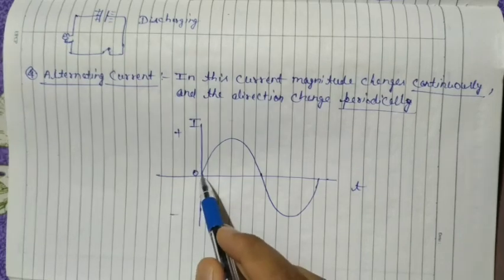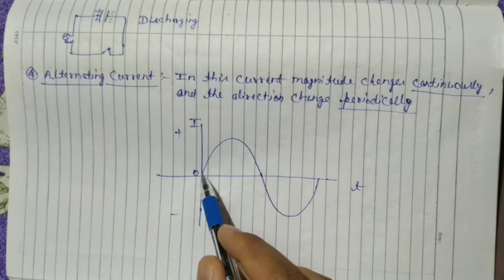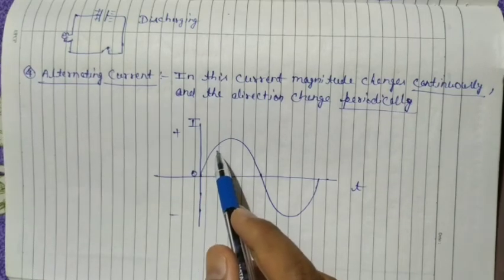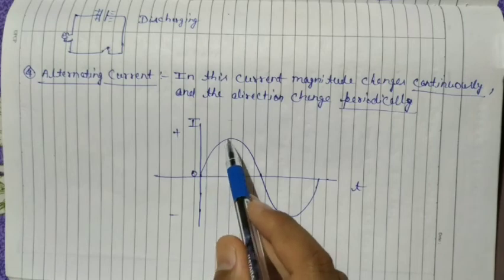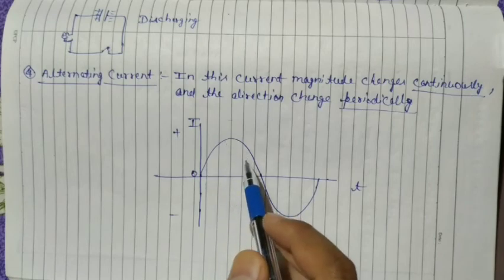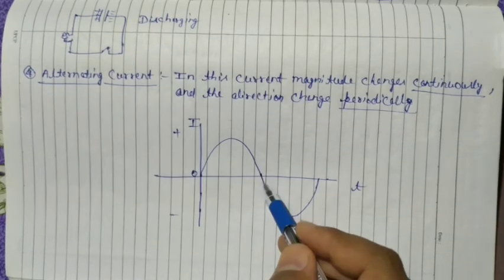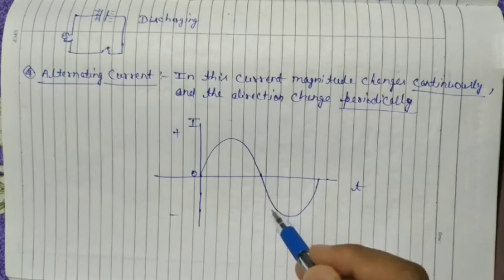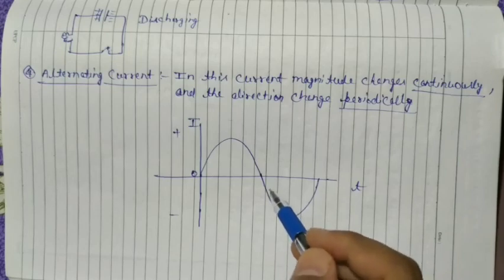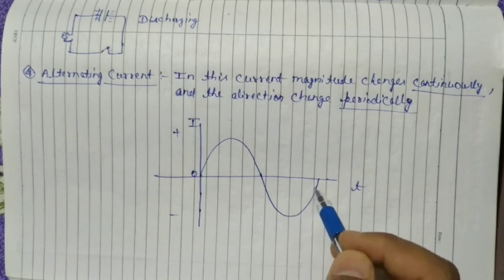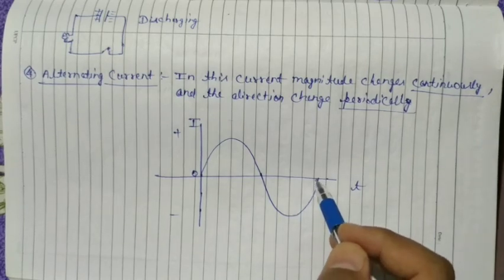So initially current is 0. Then current flows in positive direction and increases, then it decreases, then it flows in reverse direction, it is again 0, it increases and then decreases, it is again 0.